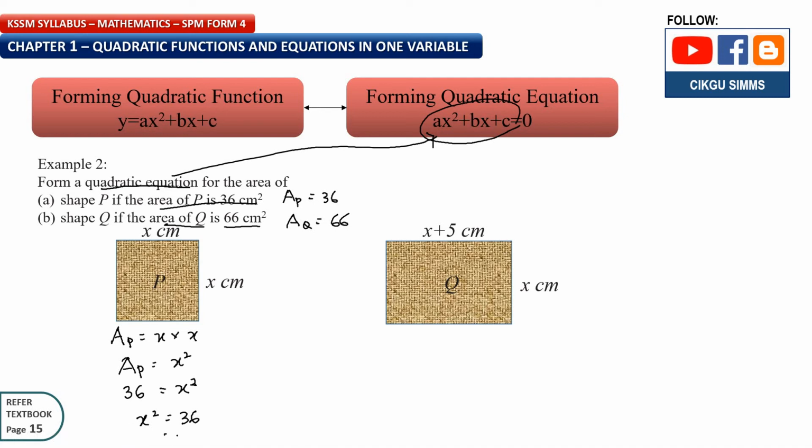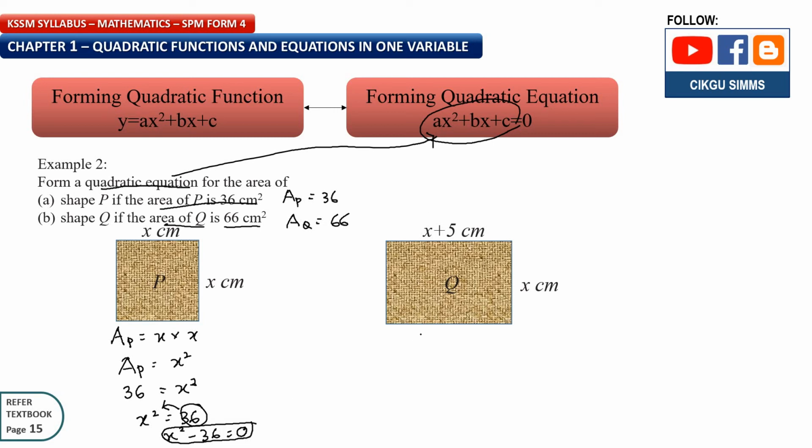So x squared minus 36 is 0. Based on the general equation, A is 1, B is 0, C is minus 36. Because when we move a positive number to the other side, we get a negative number. So this is the quadratic equation.